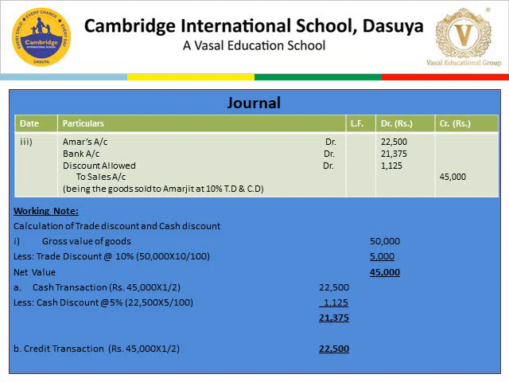So practice hard to understand these 2 discounts. If you feel any problem in any question on cash discount and trade discount, please let me know through a WhatsApp message, or you can call me at any point of time in the day. So this is all for cash discount and trade discount.